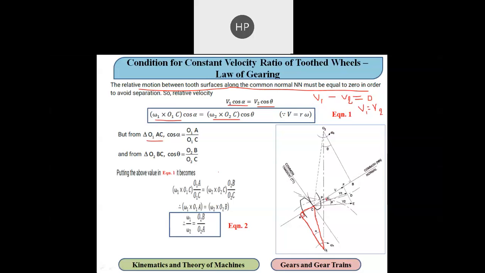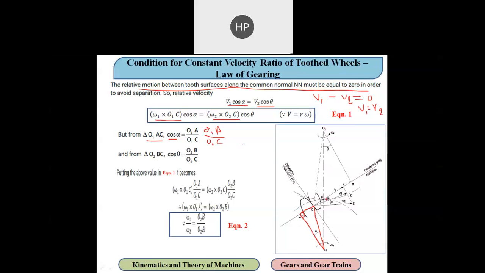So what will be the value of cos alpha? Cos alpha is equal to O1A divided by the hypotenuse. The hypotenuse is O1C.